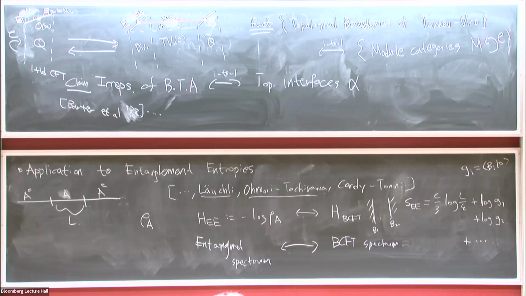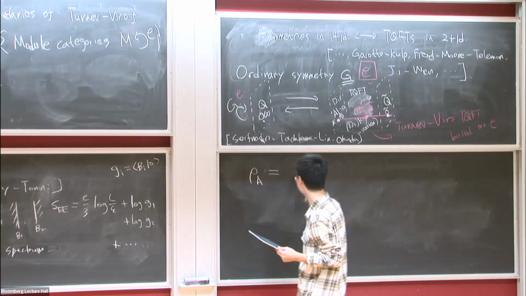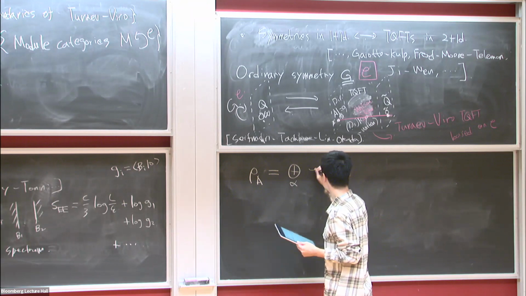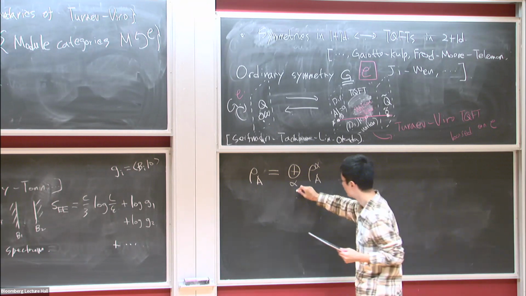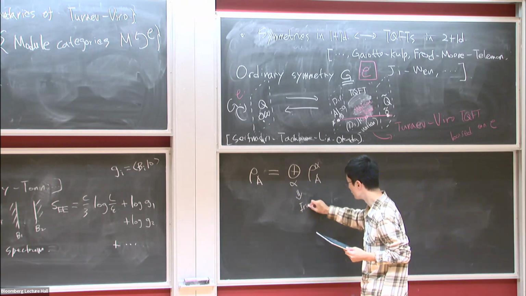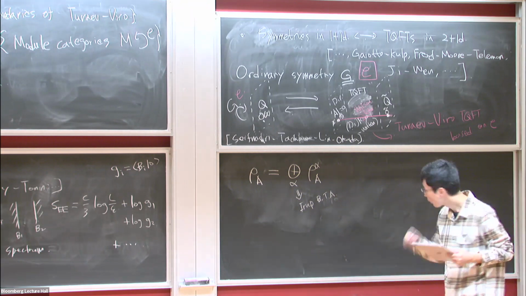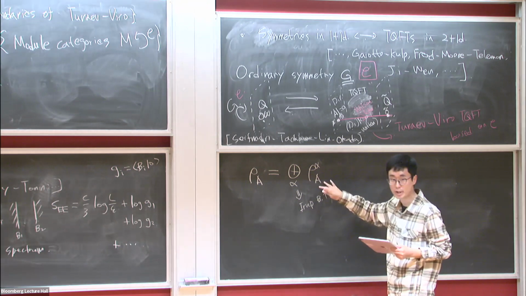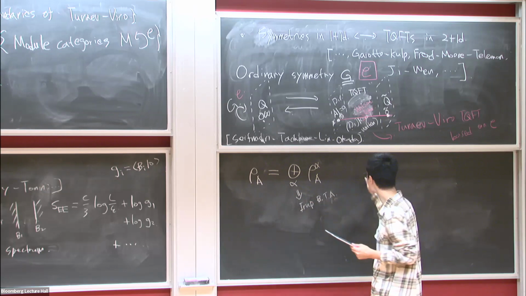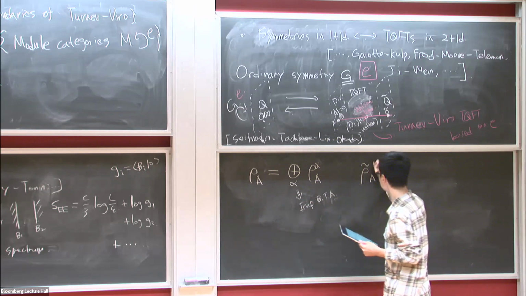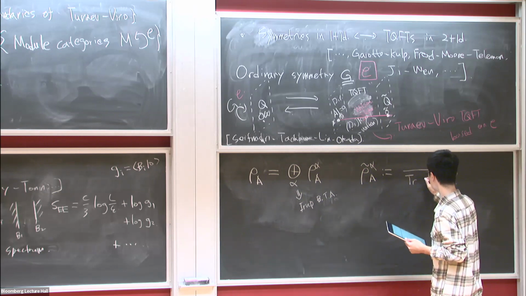This means that we can block diagonalize the reduced density matrix, where each block is an irreducible representation. If you take each block, each of them is not a density matrix because their trace is not normalized. We're going to define this new object where I just normalize the trace to be 1.